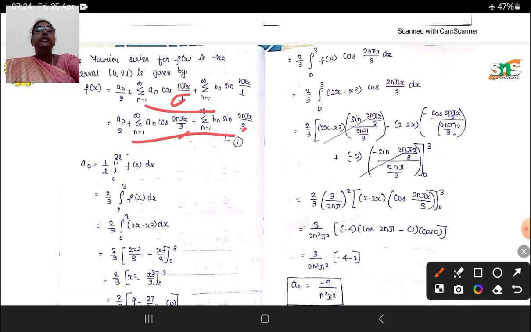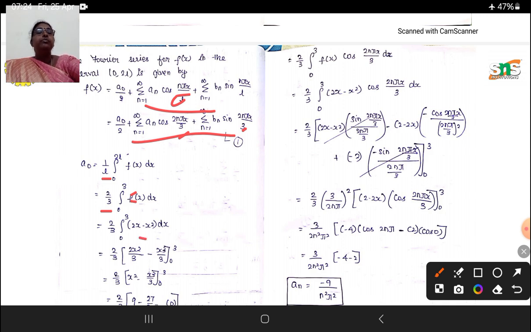After this we can calculate one by one, the a naught value with the limit 0 to 2l. Instead of l we replace 3 by 2; it is in the denominator, so it becomes 2 by 3, and instead of 2l we write 3. So 0 to 3, and then write the given function 2x minus x square.